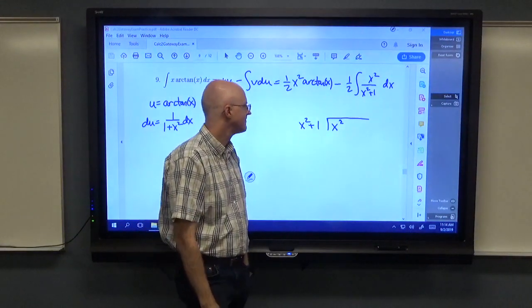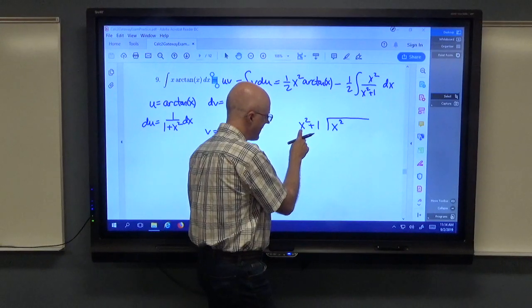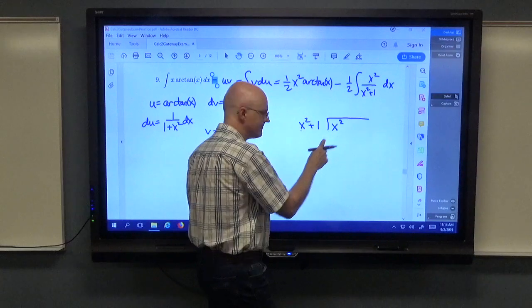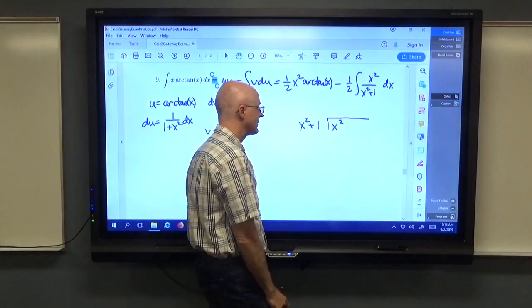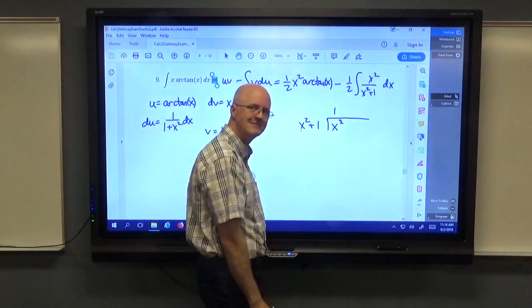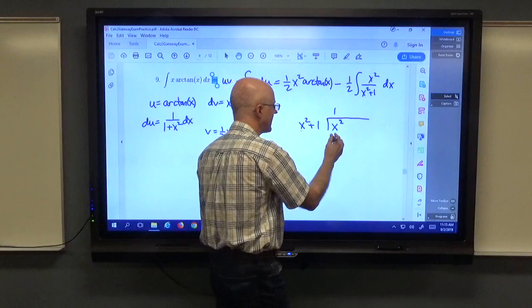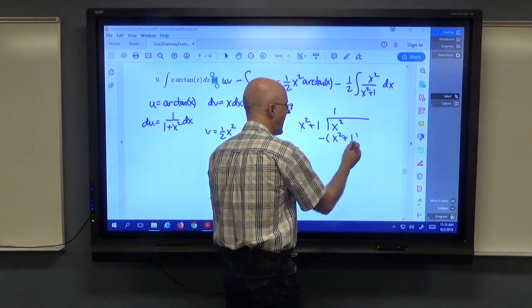How do you do that? Well, what do you need to multiply this highest power here, x squared, by to get this thing here, x squared? You need to multiply it by 1. 1 times x squared is x squared. Put that 1 up there. Multiply that 1 times this here to get x squared plus 1. Then remember, with long division you subtract.